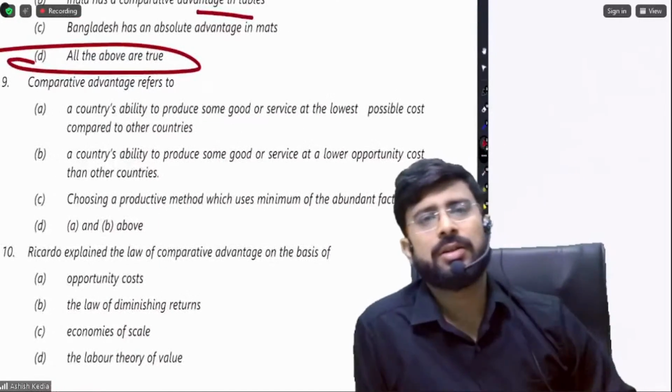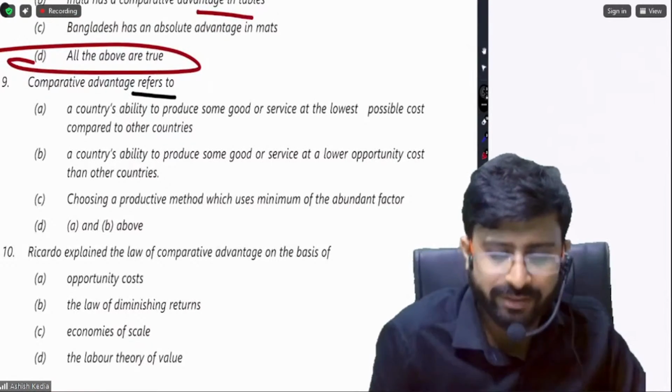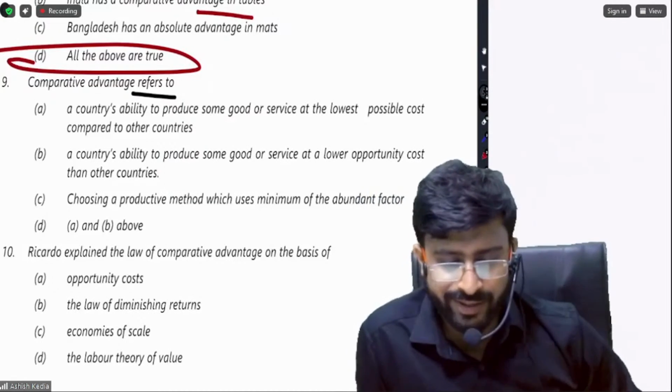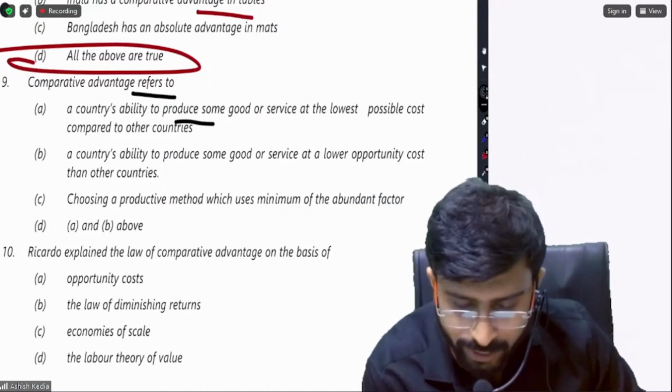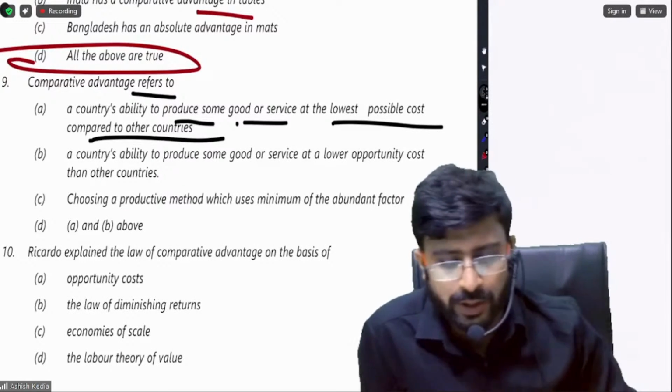Moving on to the 9th one. Comparative advantage refers to a country's ability to produce some goods or services at the lowest possible cost compared to other countries.